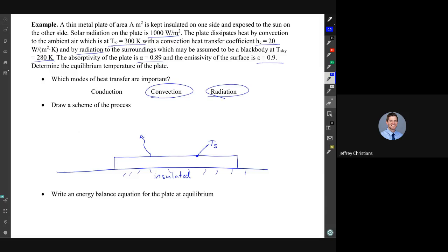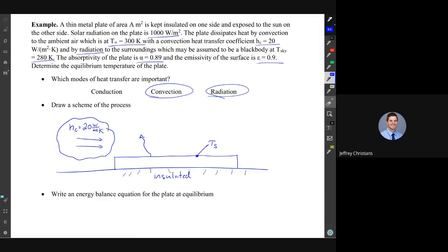There's convection happening, so let's draw that. This is the typical convection. We'll draw some arrows in a little fluffy cloud. All convection happens by fluffy cloud.